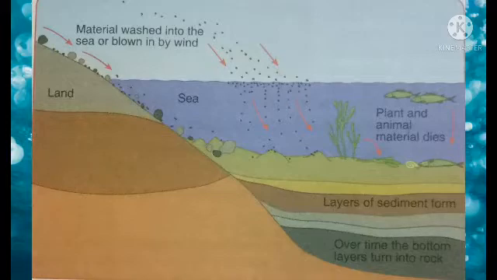Such rocks are called sedimentary rocks. These sedimentary rocks are always formed in layers. They cover 3/4 of the Earth's surface, although they make up less than 5% of the total of Earth's rocks.